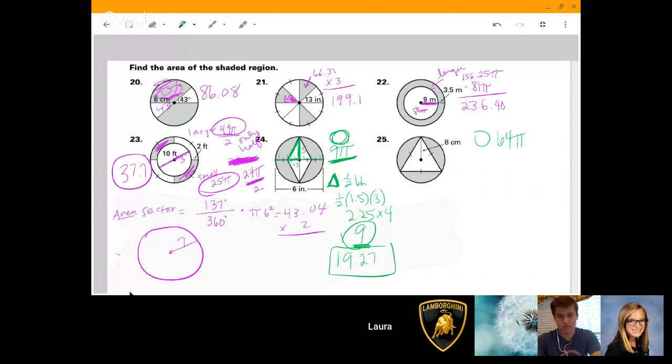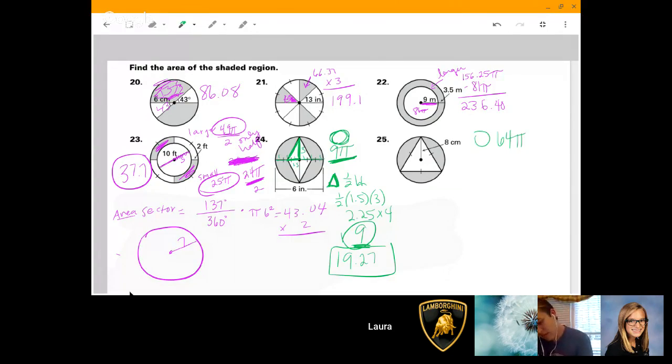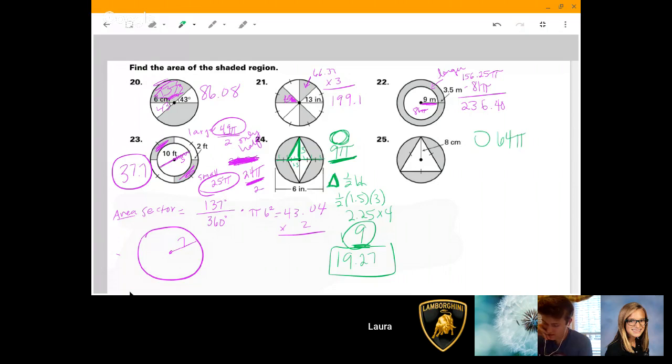The next section we learned this, and I'm thinking they're assuming you already know it, and you shouldn't already know it. You can find it with the base times height divided by 2. Well, but how do we find the base? I know, but you only know that. Let's see. Okay, it's splitting the circle into 3 equal.